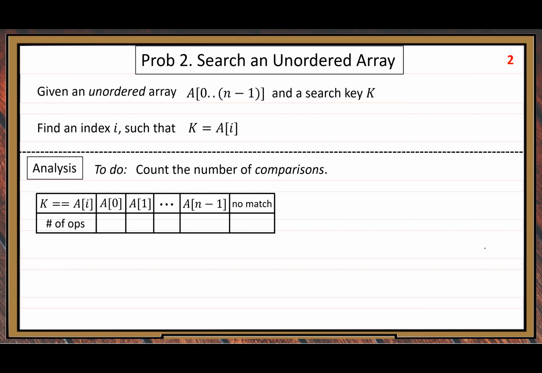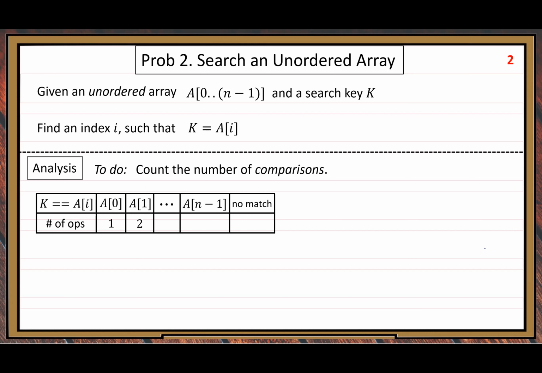For each case, let us look at the number of operations. If k equals the first element, we just need one comparison. That's it. We return the result by one comparison, the smallest comparison number.